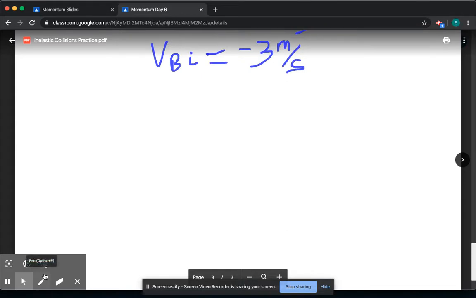So we are looking for the final velocity. Let's split this up into two sections. You have your initial momentum, and your final momentum. So our initial momentum.